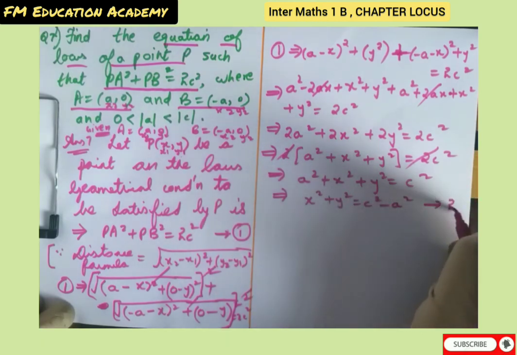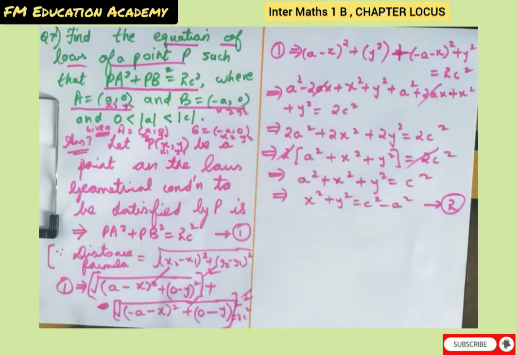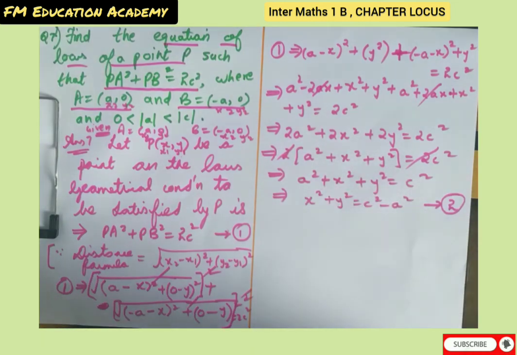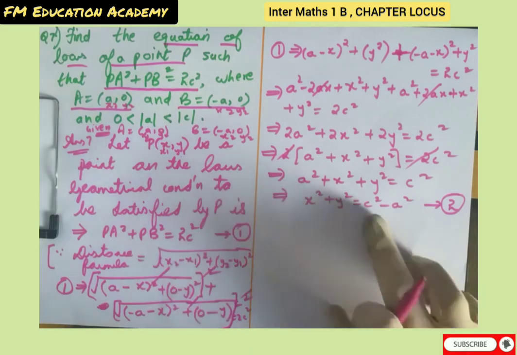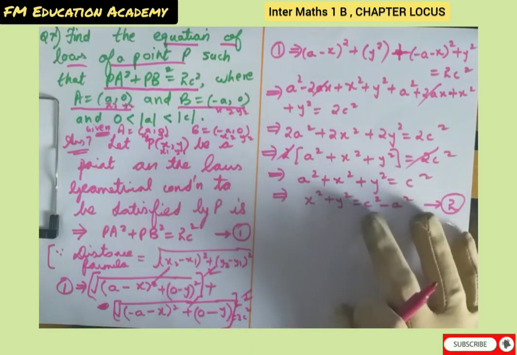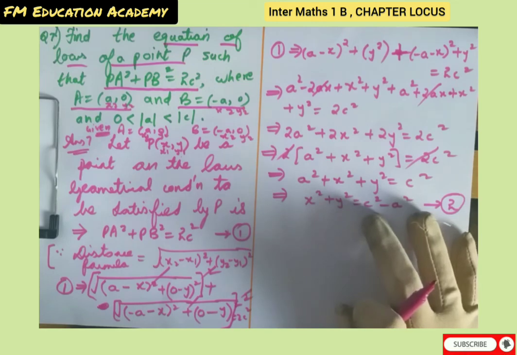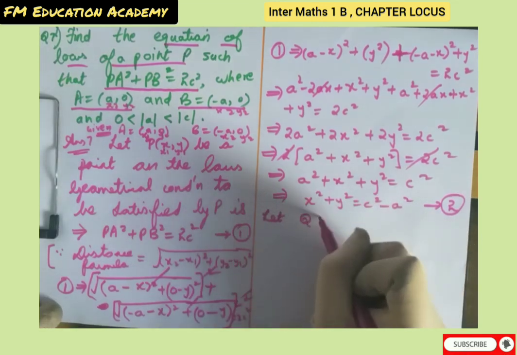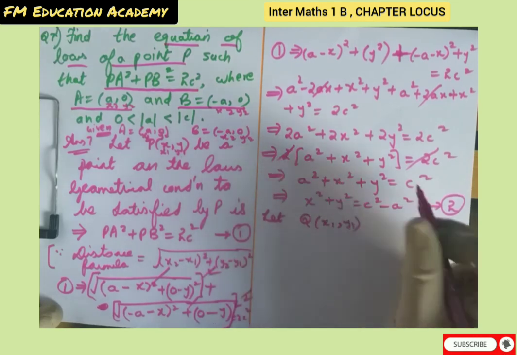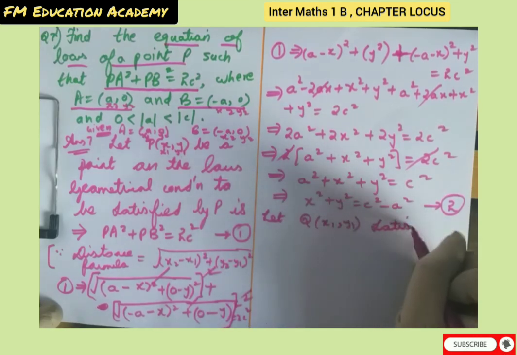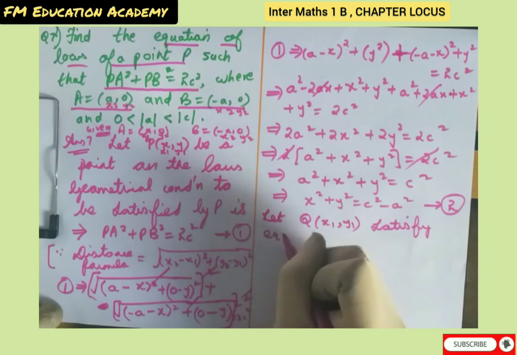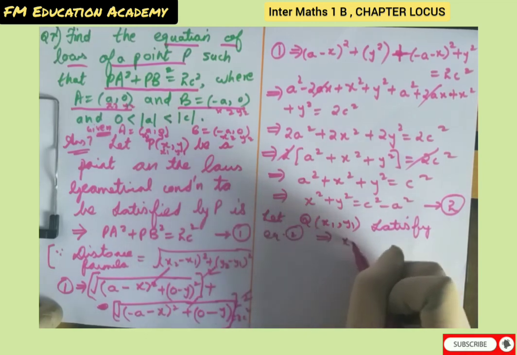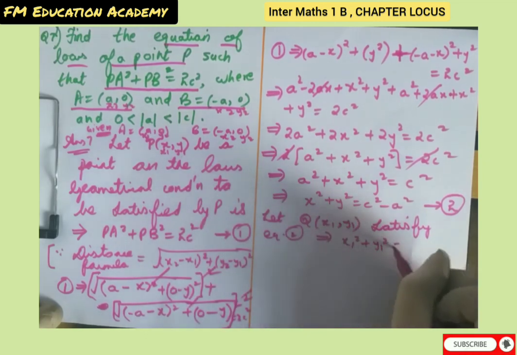This is our equation 2, which is the equation of locus. Since this is a big sum and here c is also coming, no need to do verification. If you want, you can do verification also. So directly we can write, let q x1 y1 satisfy equation 2. So what will it become? X1 square plus y1 square is equals to c square minus a square.